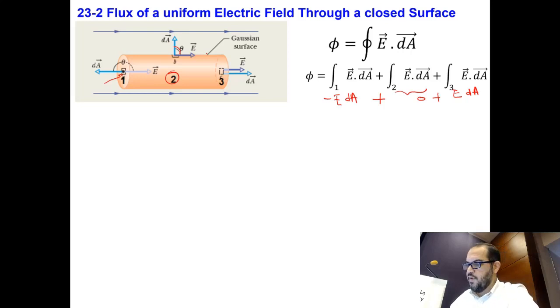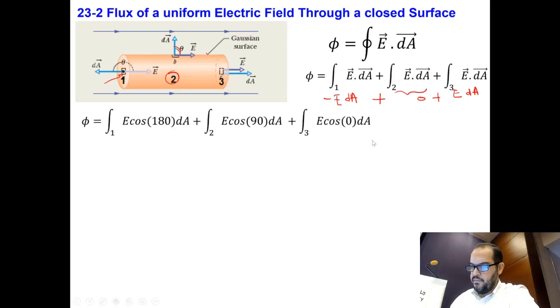So this will be the total flux, right? So we replace the angles: E dA cosine 180 for area number 1, E cosine 90 dA for area number 2, cosine 90 is 0, and for area number 3 it's E cosine 0.